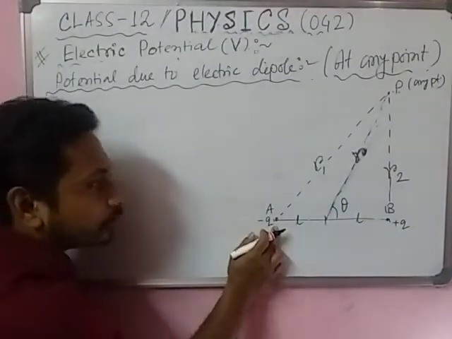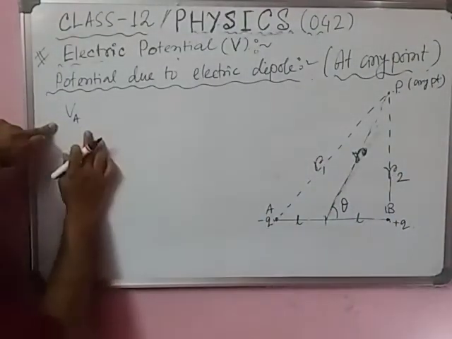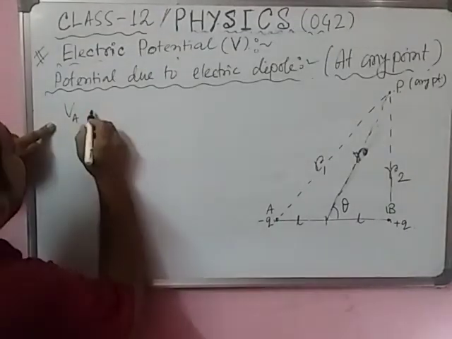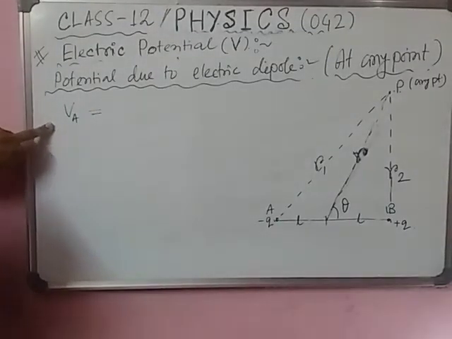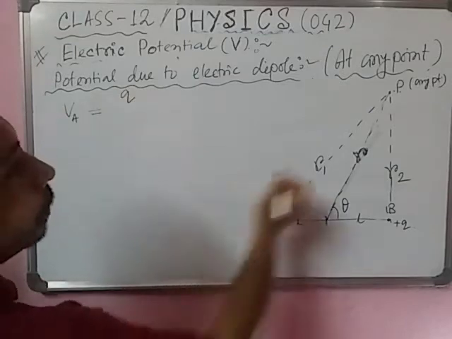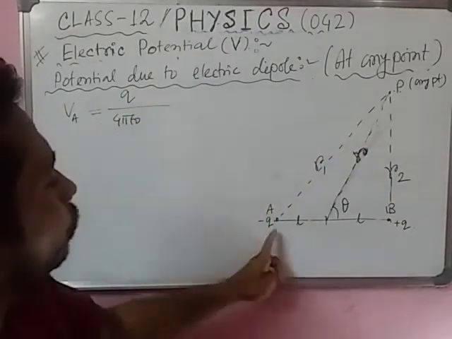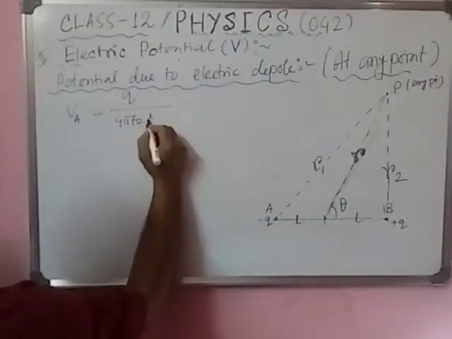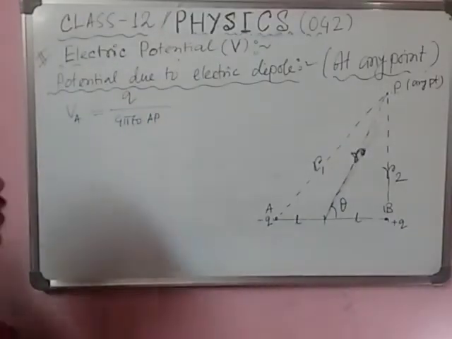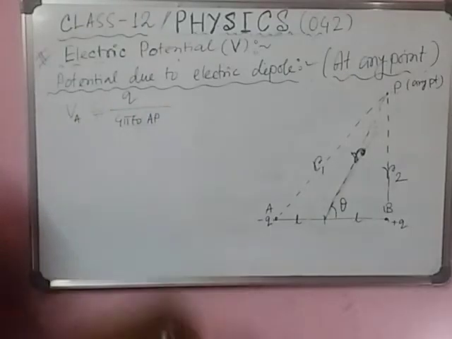For the charge at A. So VA is equal to q by 4 pi epsilon naught, and you need the distance AP. So how will you find out AP? This is a very important question.